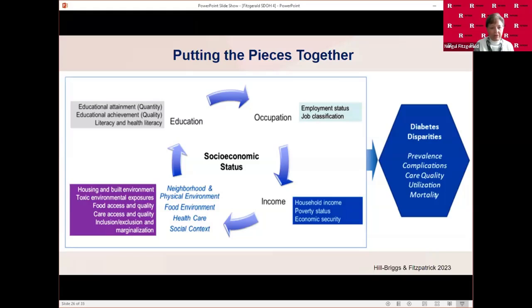They really pull all these pieces together and present this framework in terms of how all of these social determinants of health are connected to one another, and in the end they lead to diabetes disparities, either in prevalence, complications, care quality, utilization, or mortality.